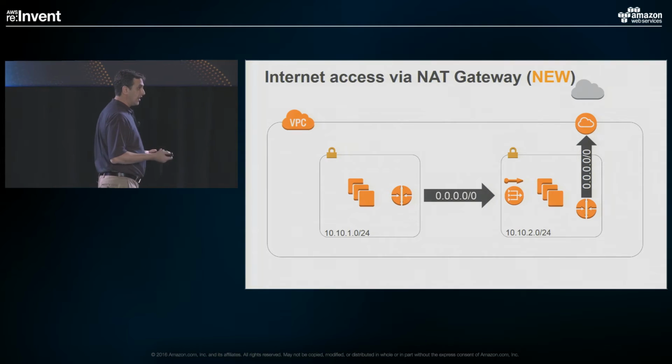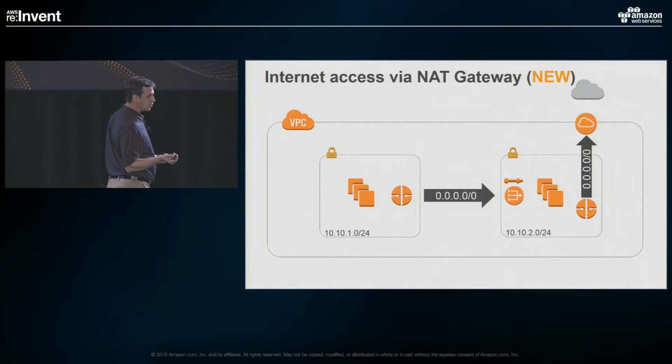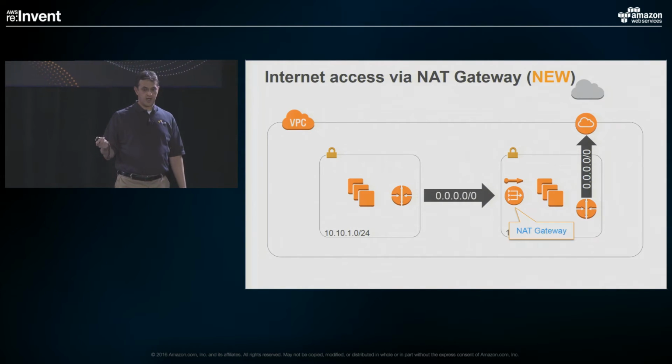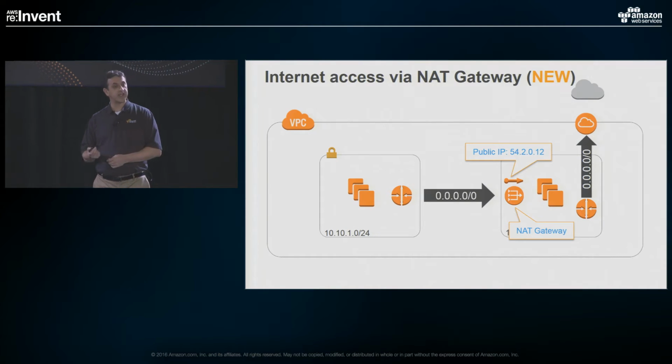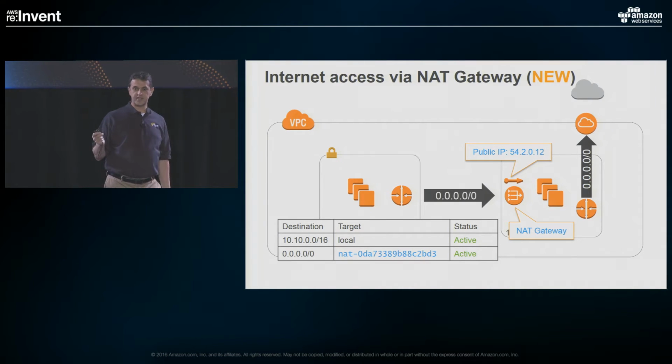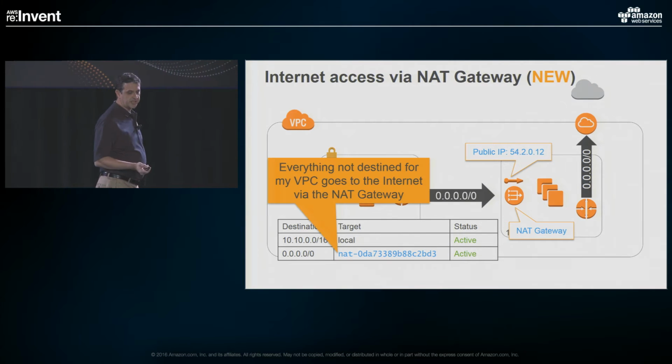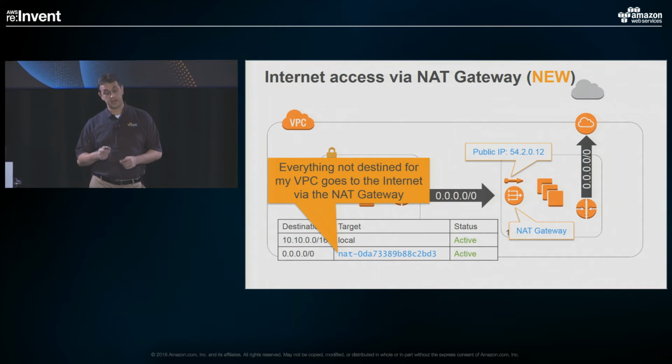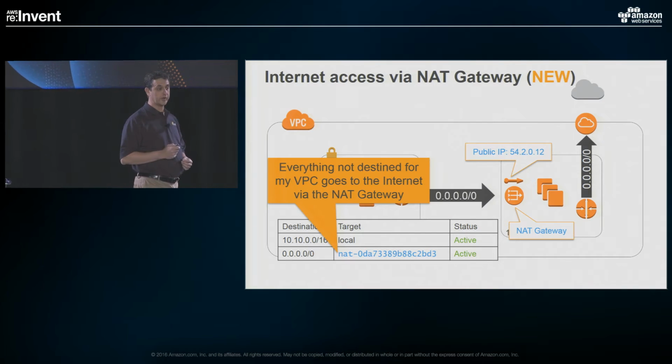So similarly to the EC2 instance, once you launch the NAT Gateway, you will assign a public IP address to it, and then you will use it as a routing target in your private subnets' routing tables. In this example, the default route will point to the NAT gateway ID. It will have the prefix of NAT, and it'll be available to you in a drop-down as a target in your routing table.